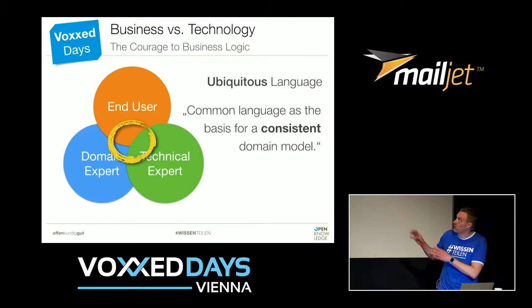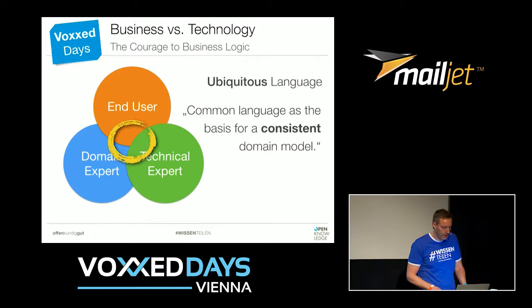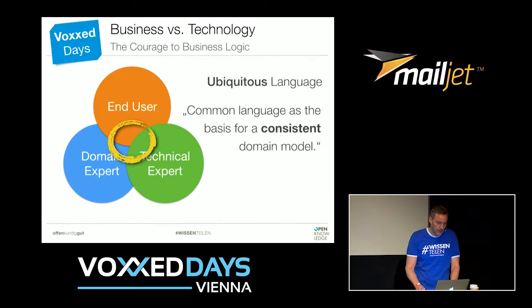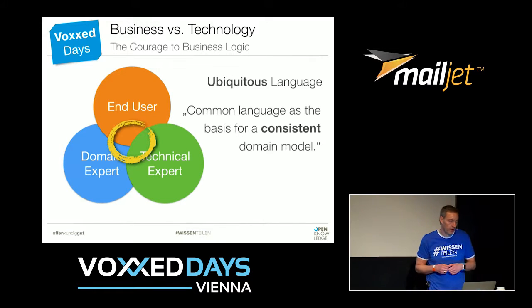This quote is taken from domain-driven design, and it says that a common language is the basis for a consistent domain model. So when we think about software design, we should think about how to model our world and how to get a consistent domain model.